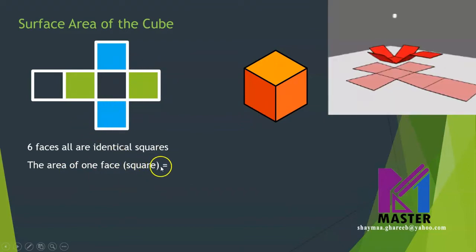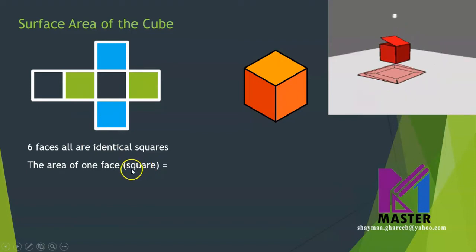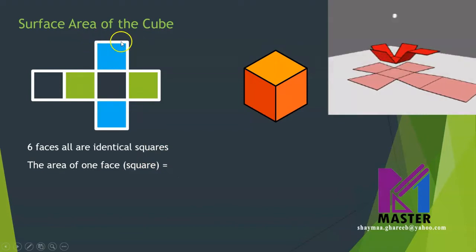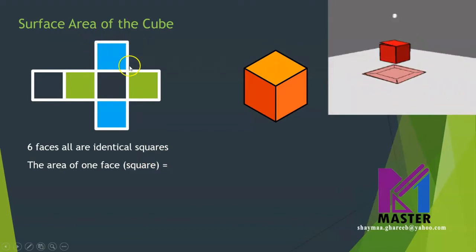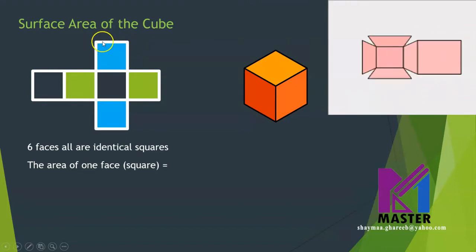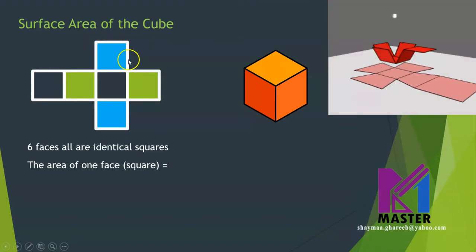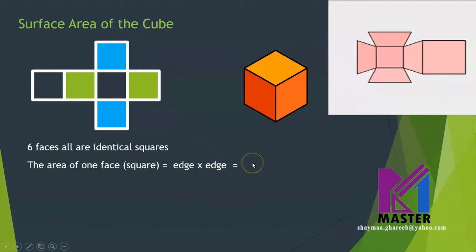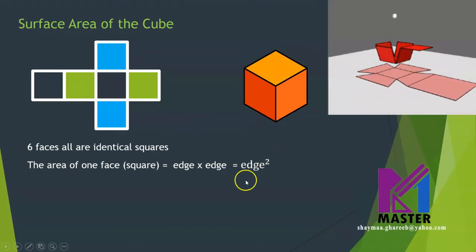So the area of one face is same as area of a square. How do we find the area of a square? By multiplying the side length by itself, which means that the side times the side, we can say edge of the cube times edge of the cube, the number times itself. We can also say edge squared. Okay?